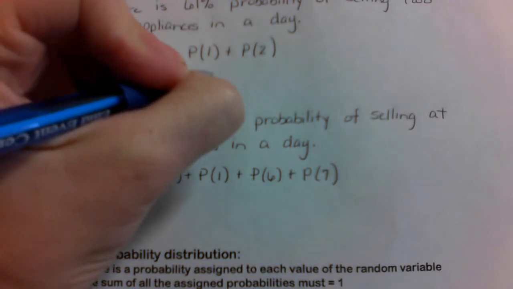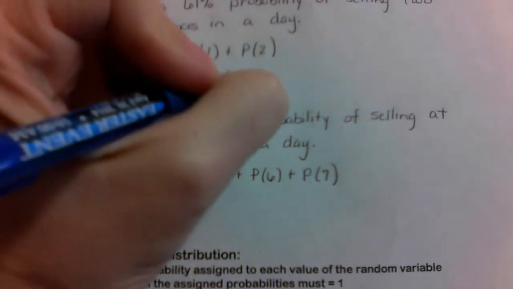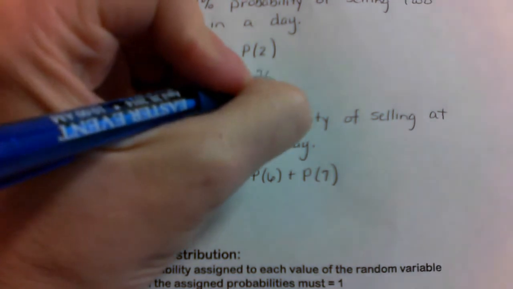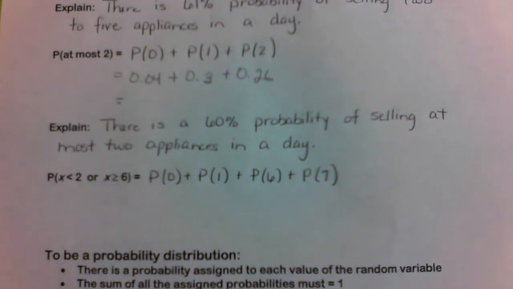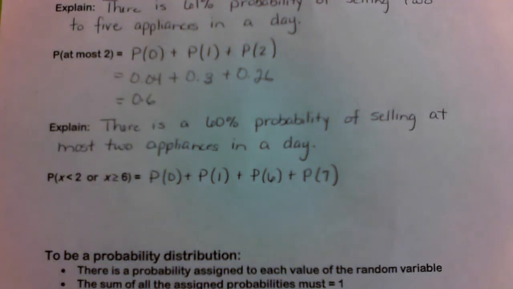Probability of 1 appliance is 0.3, and the probability of 2 appliances is 0.26. And so I'm going to add all of those up, and when you do, you get 0.6. And if you were asked to explain that, then it would be something to the effect of there is a 60% probability of selling at most 2 appliances in a day. And just be sure that you capitalize and end your sentence with a period.